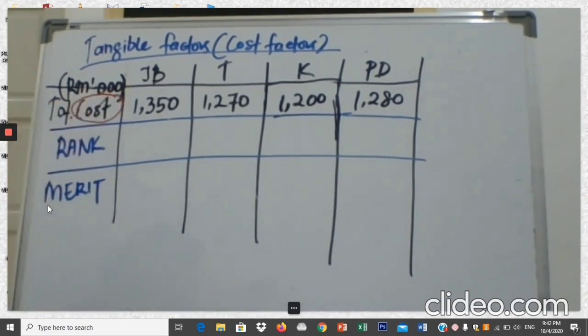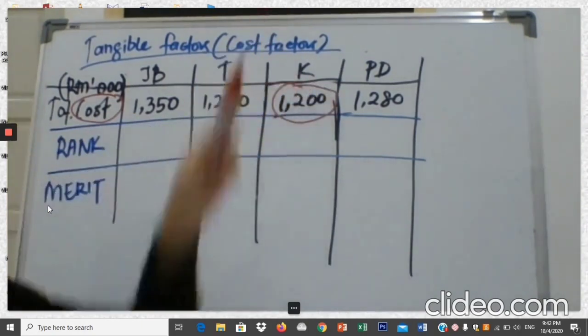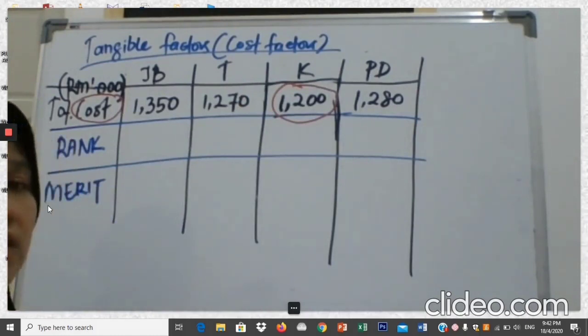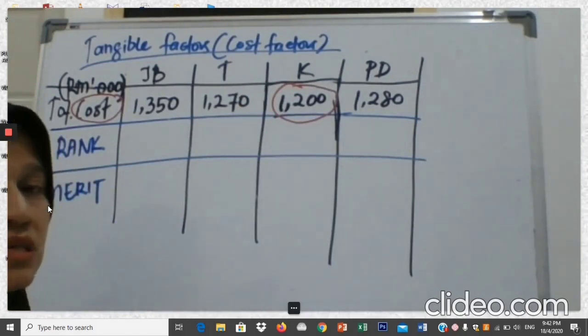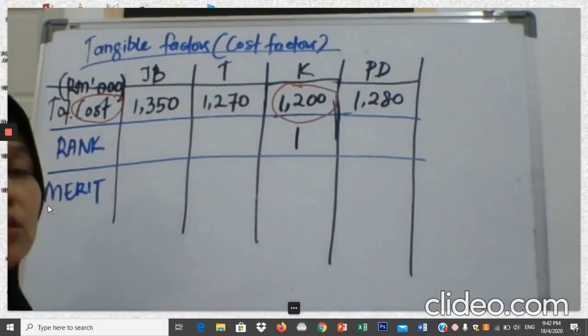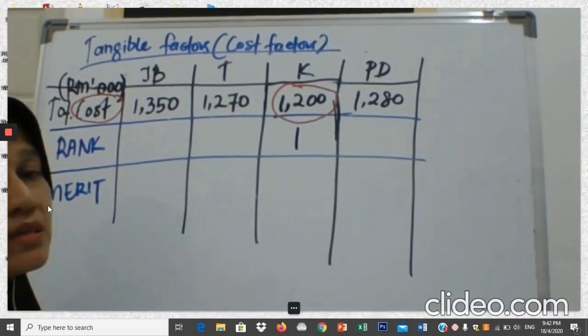We are now using cost as our basis, the tangible factor. With regards to cost, the highest is not the best. The lowest is the best. So Kelang has the lowest total cost, so it is the best. For the best location, you assign rank number one. Dia berada di kedudukan nombor satu, ranking.